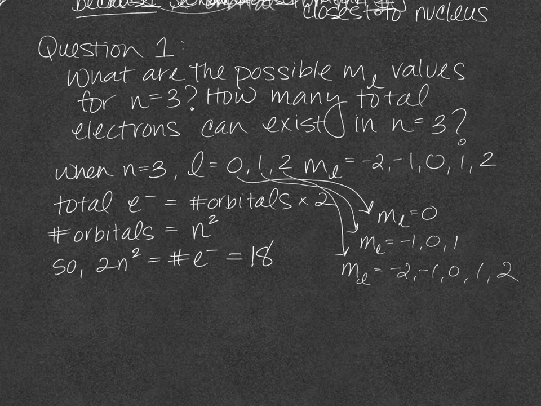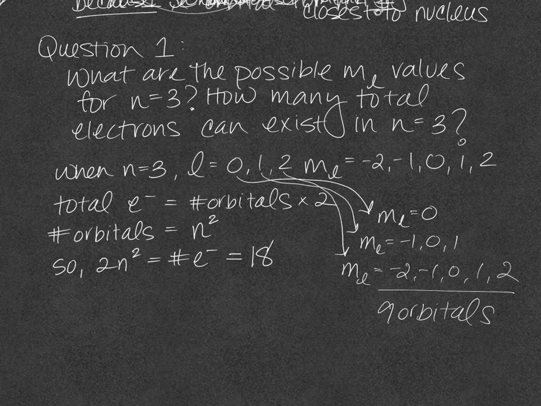Okay, so in total, that means M sub L can equal 0, -1, 0, 1, -2, -1, 0, 1, and 2, which, if I condense that down, that means my M sub L values can be -2, -1, 0, 1, and 2. But in total, I have 1, 2, 3, 4, 5, 6, 7, 8, 9 orbitals. A total of 9 orbitals.